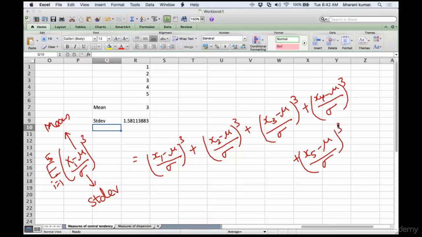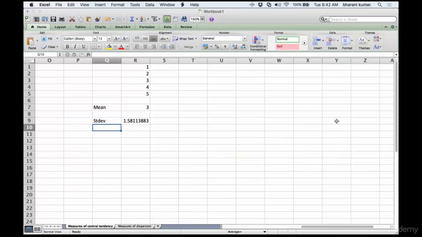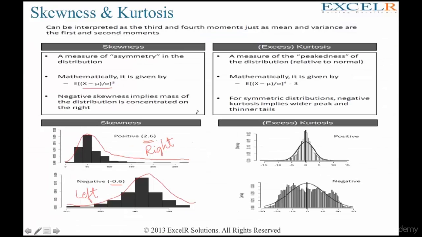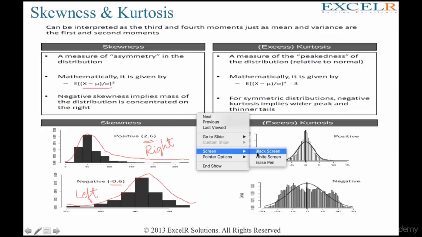Because you have 5 entries, I have written it 5 times. And you know how to solve this. x1 is 1 minus 3, divided by 1.58, which is sigma, whole cube, plus so on and so forth. You'll get a value. I'll not get into the calculation part. You know how to calculate it now. Alright. That is skewness for you all.